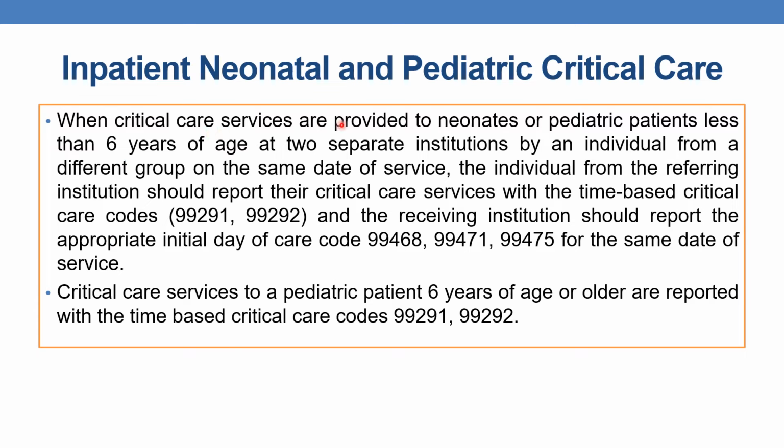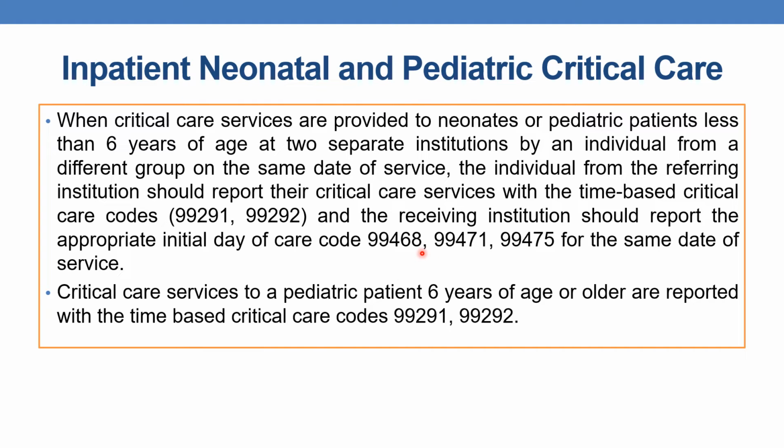When critical care services are provided to neonates or pediatric patients less than 6 years of age at two separate institutions, the referring physician or the referring institution should report the outpatient critical care services, that is 99291 and 99292, whereas the receiving institution should report the appropriate initial day of care codes.